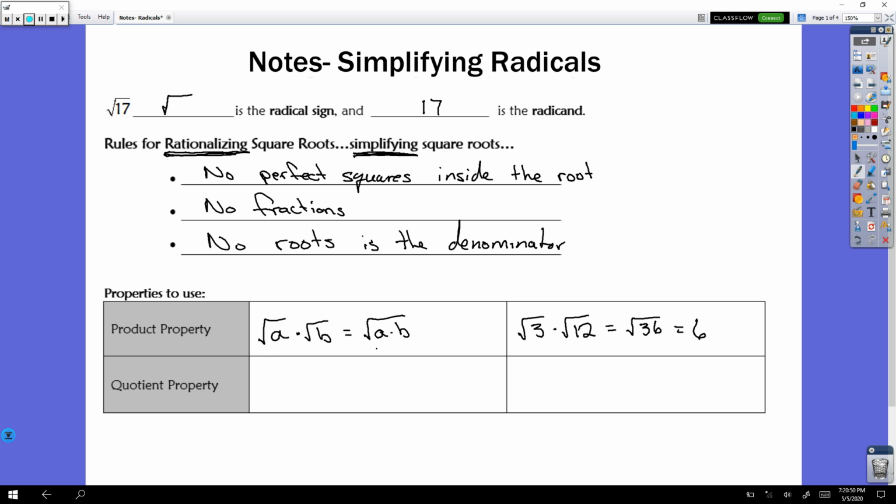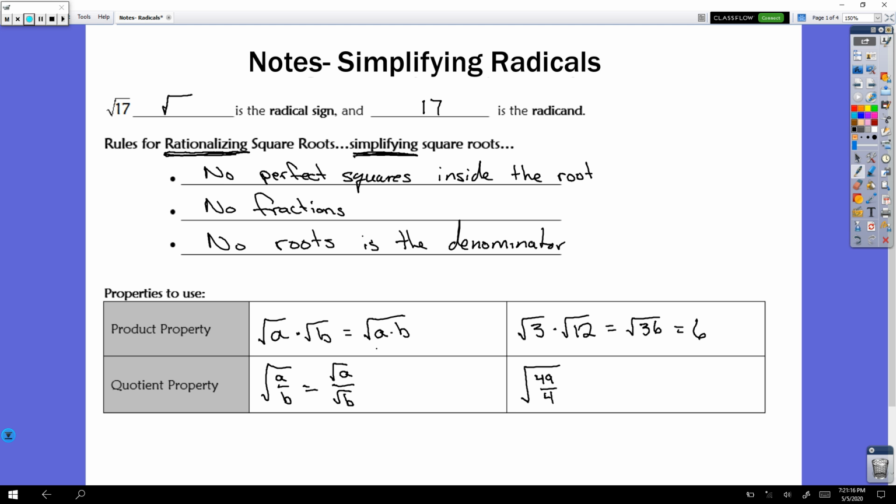Okay, now quotient property. We have the square root of a fraction, right? Quotient meaning division. I split up that fraction. So I would have the square root of a over the square root of b. So let's say I had the square root of 49 over 4.